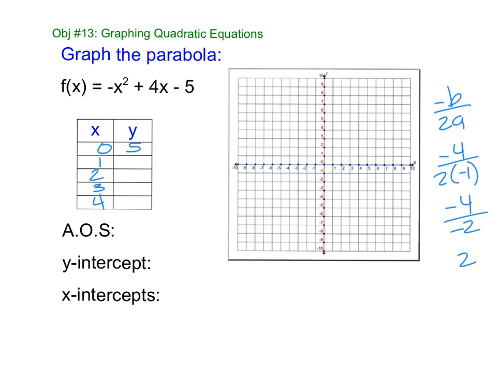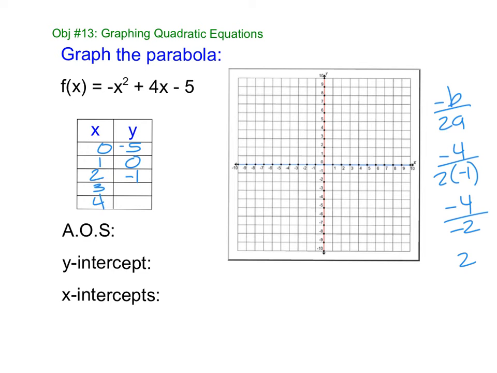Let's see, 5. So it's 0. I think that's 0. 2, -4 plus 8 is 4, -1. 3, -9. Wait, I think this is wrong. Yeah, I put it in my calculator.